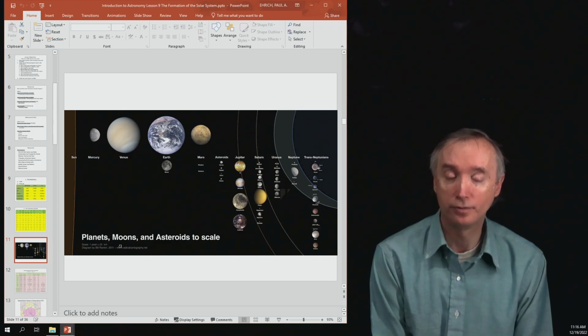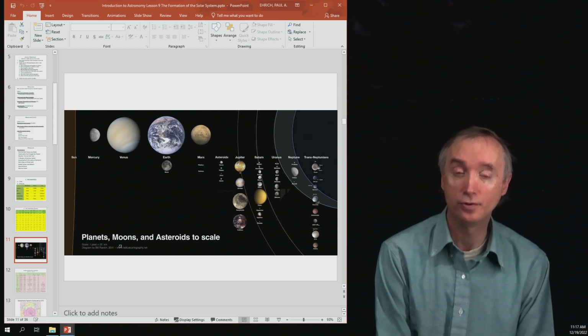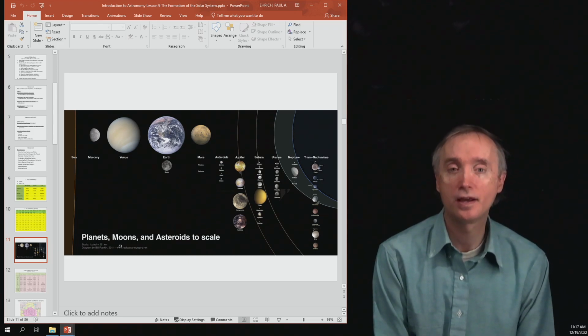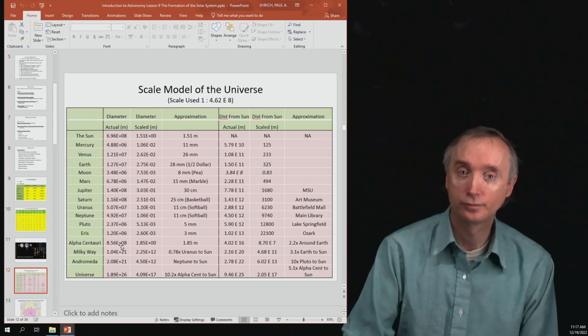That's very important because if they're small, then they're going to cool off quickly, and have less geology. If they have less geology, they're going to have less of an atmosphere. And even if they had an atmosphere, they can't hold on to it very well because they're so small. So having an understanding of the size of these different planets is very important.